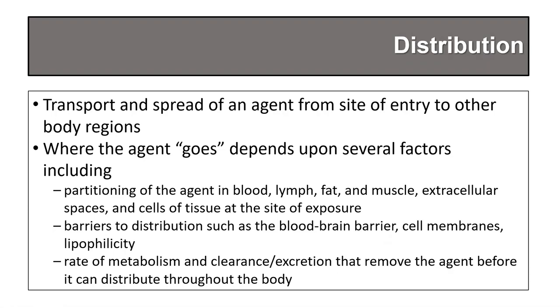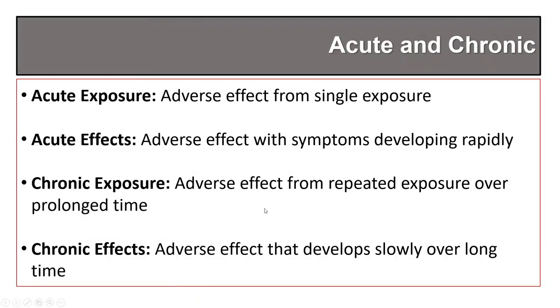I'm not getting into the area of toxicokinetics qualitatively or quantitatively by any means, but really the absorption and distribution are the first two components of a four-part process, where we would also include biotransformation or metabolism of these substances, and a fourth would be elimination, but that's beyond the scope of what I intend to do in this module.